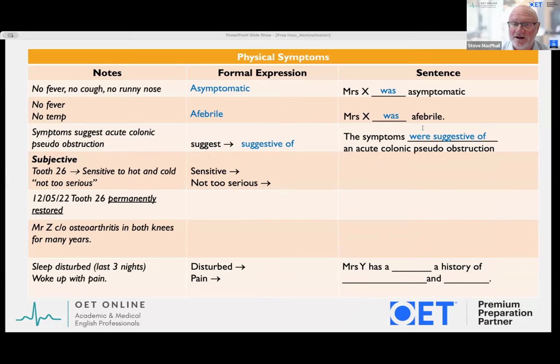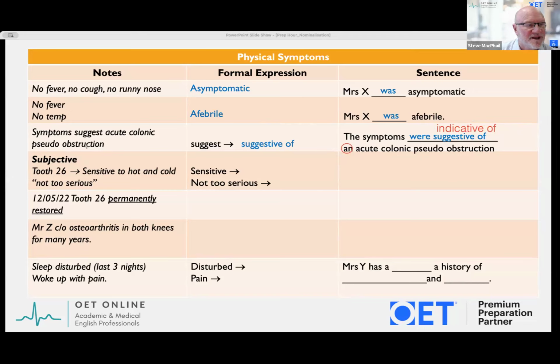It's a formal style. We could also use a synonym, were indicative of. That also works. So there's other words you can use, but they're nice patterns, formal style. And notice how we've used an acute colonic pseudo-obstruction.